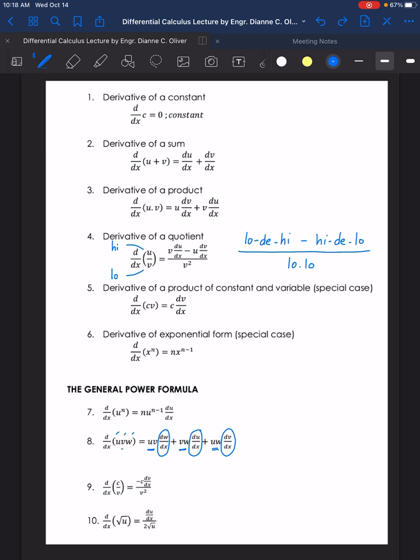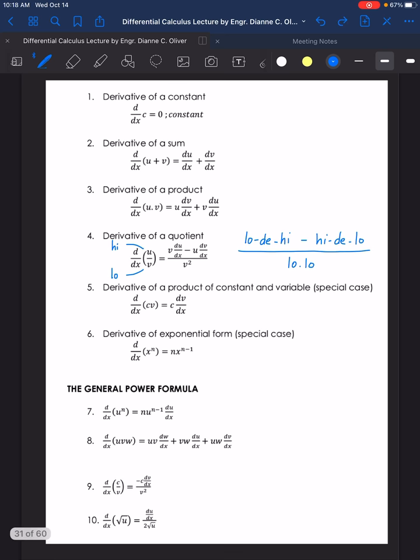Okay. Next, for formula 9, we have the derivative of the constant over V. So again, C is constant. So what happens? Remember low di high and high di low. So this is your high, then this is your low. So our pattern a while ago is low di high, high di low. So low is V. Low, low, V squared.